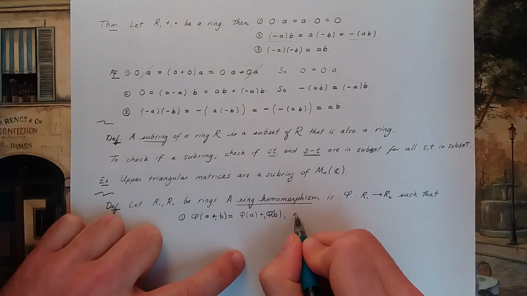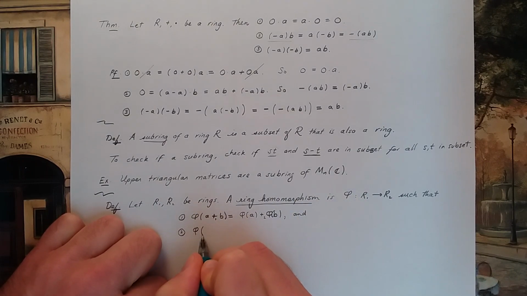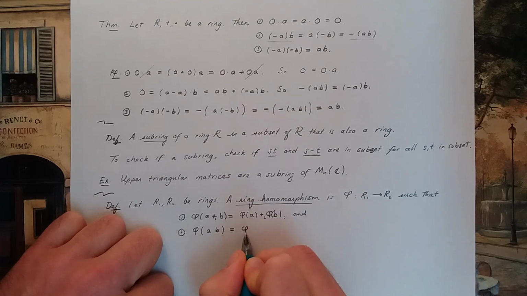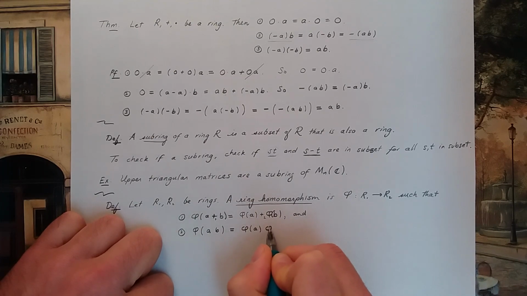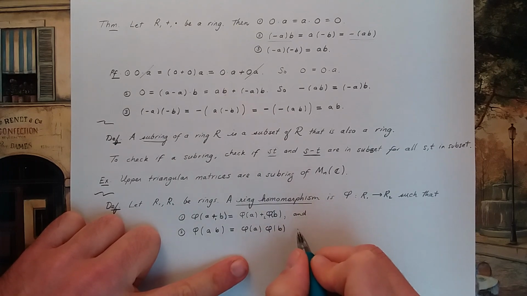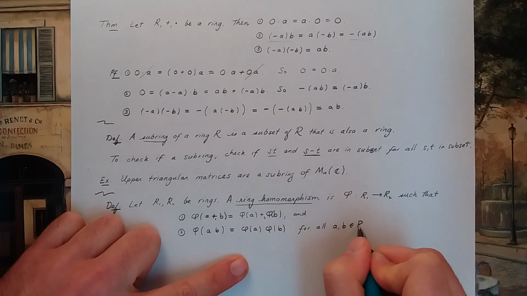And phi also interacts nicely with multiplication. So phi of AB is phi of A times phi of B, and both conditions 1 and 2 are true for all A and B in your ring R1.